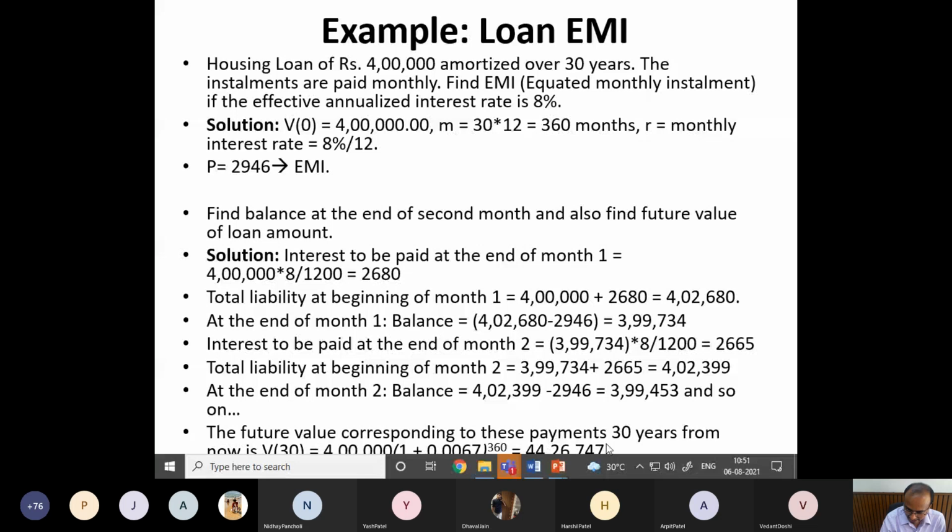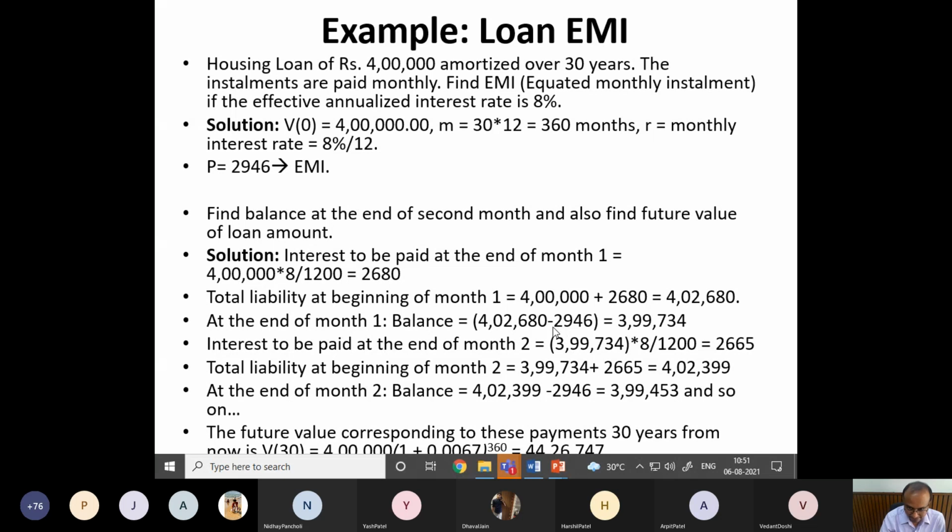If you sell at a somewhat higher price, then only will it be a profitable business. And that profit also you can calculate using the same calculation, how much percentage of profit you will get if you get something beyond this. I hope you understand this now clearly. Also, I have given a calculation of how to calculate the balance at every month. So calculate the interest to be paid every month, then subtract the EMI amount.